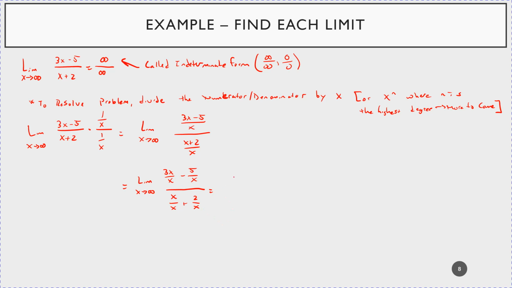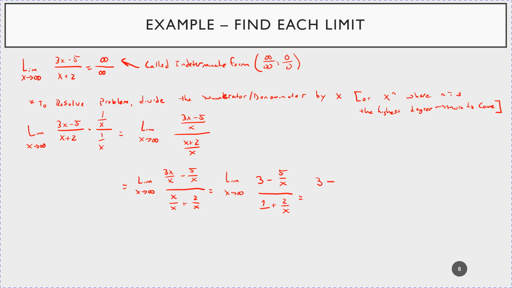Now watch what happens when I simplify this, right? So this is the limit as x goes to infinity. The x's cancel here. So this is 3 minus 5 over x, divided by x over x, which is 1, plus 2 over x. Now check this out. The limit as x goes to infinity of 3 is 3.